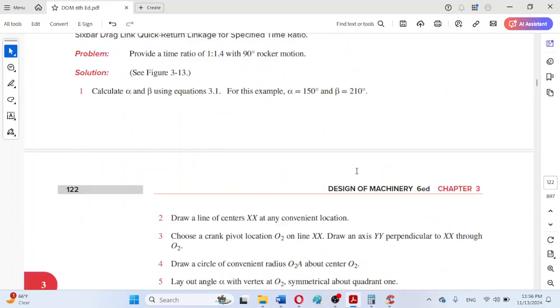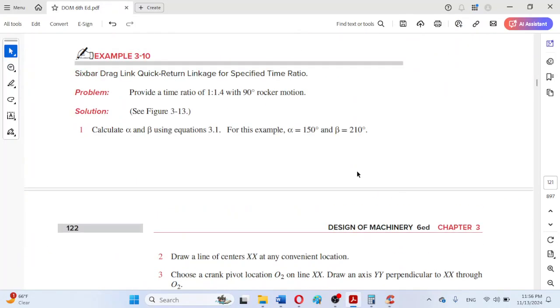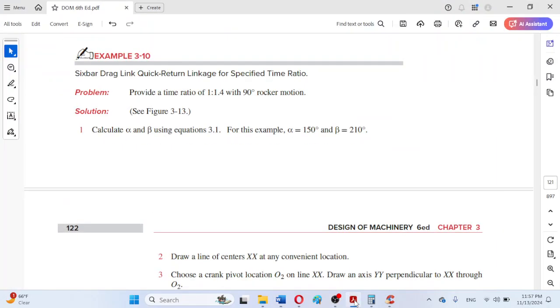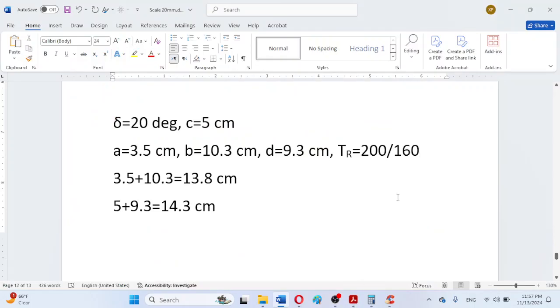In this way the time ratio can be defined.